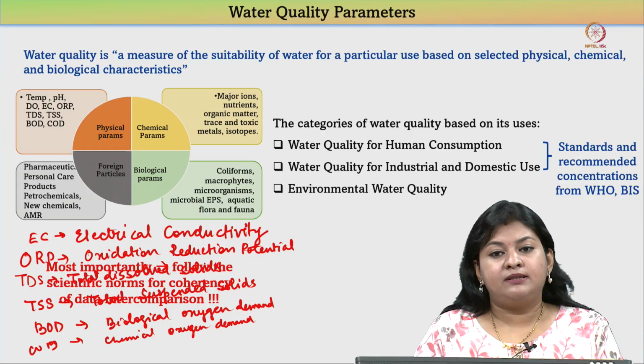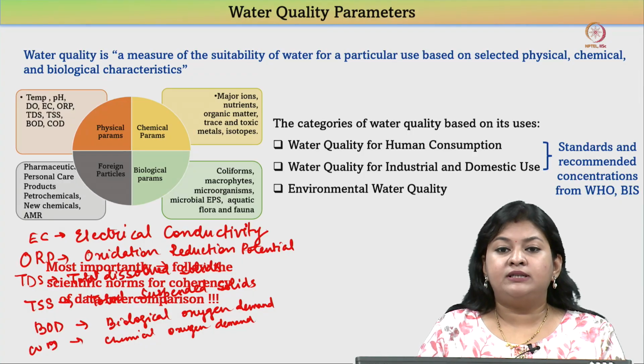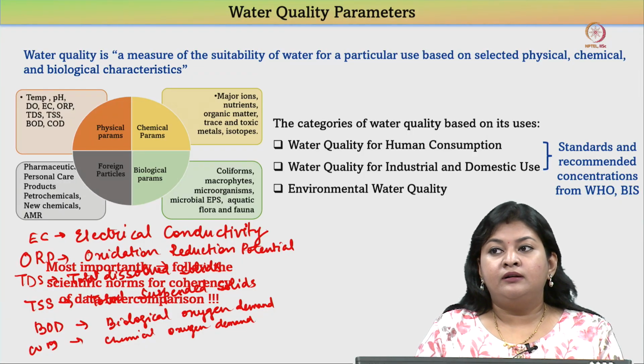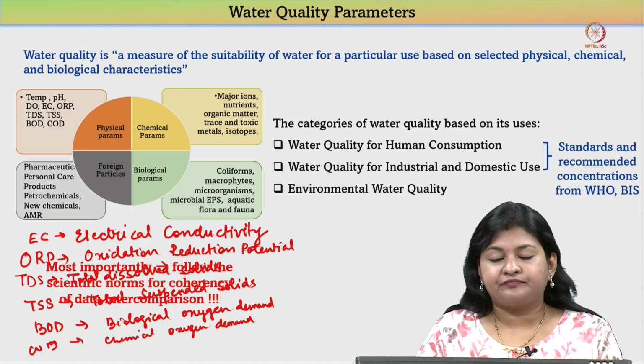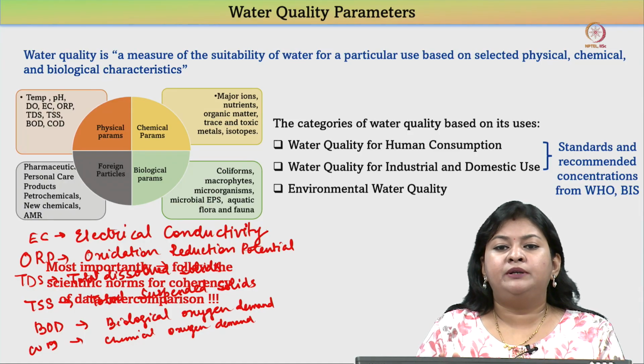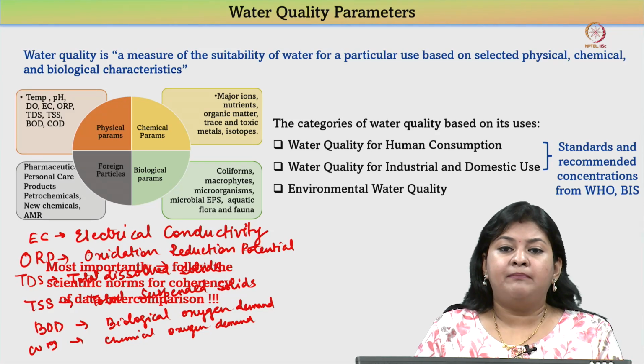But many times it is seen that some researchers will digest the sample. Digest means they will completely evaporate the water, or they will do acid digestion of the sample. So, different kinds of sample preparation methods they will come up with.